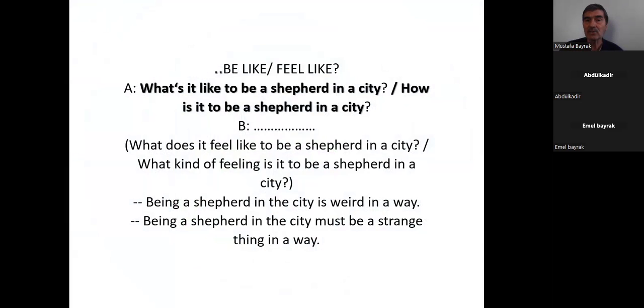What does it feel like to be a shepherd in a city? What kind of feeling is it to be a shepherd in a city? Being a shepherd in a city is weird, strange in a way. Being a shepherd in the city must be a strange thing in a way.